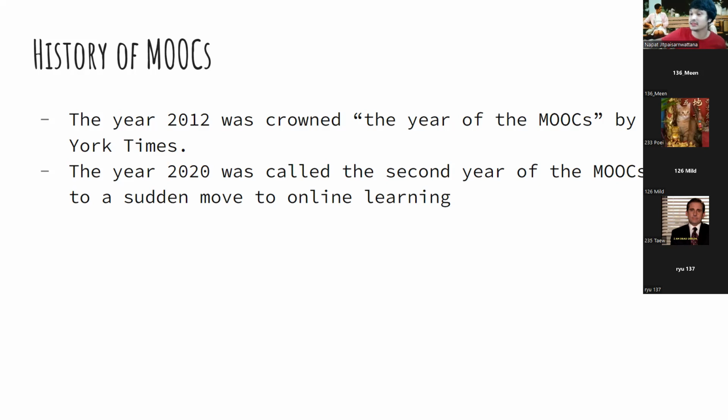So universities started producing a lot of MOOCs in 2020, and a lot of students started enrolling in MOOC courses. There was again a sudden explosion in the number of courses as well as the number of students who enroll in the MOOCs.